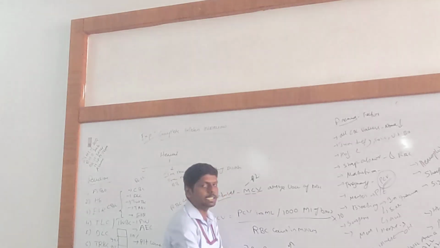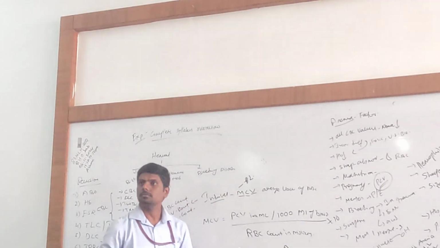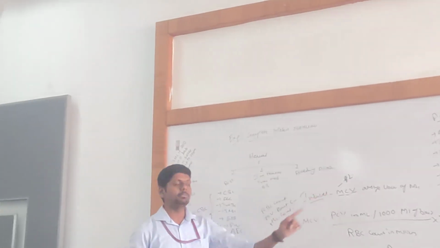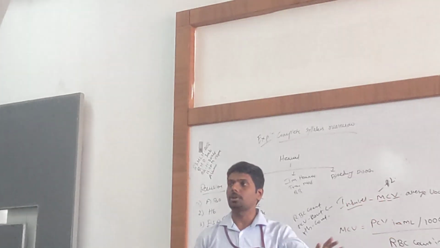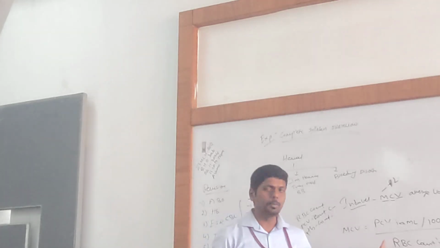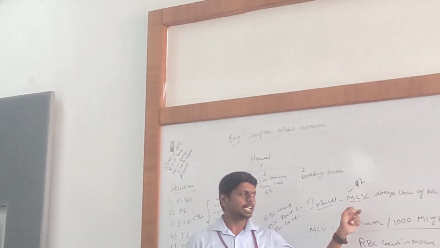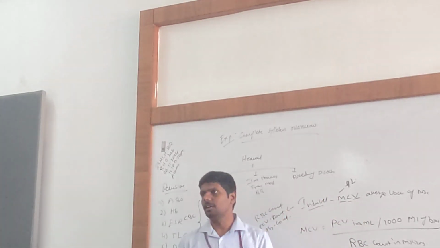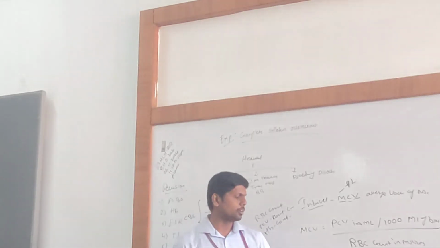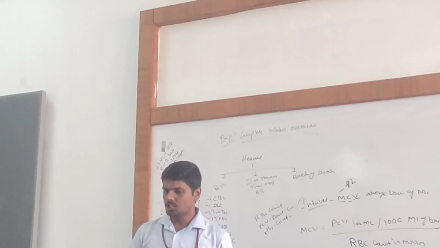If MCV is less, that will be microcytic anemia. This is the significance of MCV. MCV measures the average volume of red blood cells in a population. The formula is very simple, you can remember it by heart: MCV is PCV by RBC count. Normal is around 78 to 92 femtoliters. Is it clear?